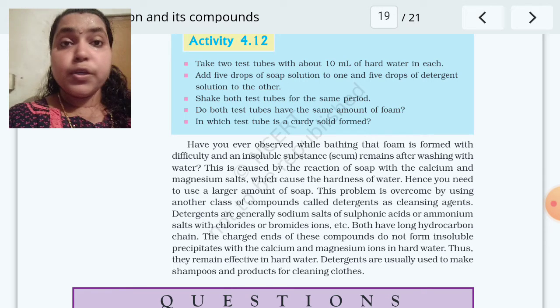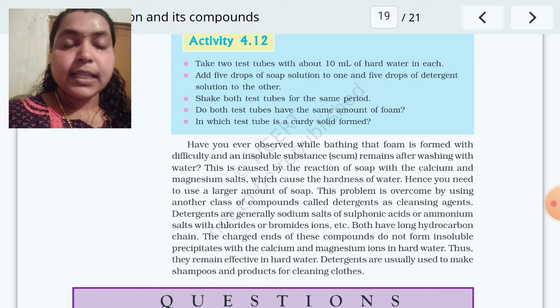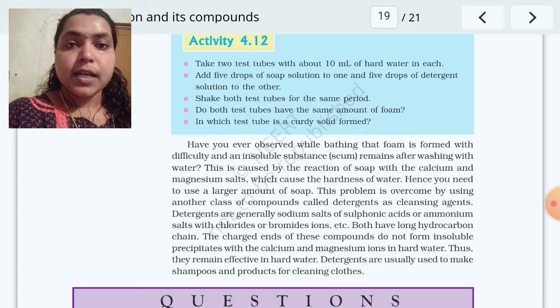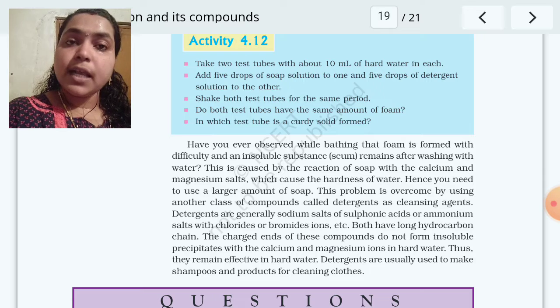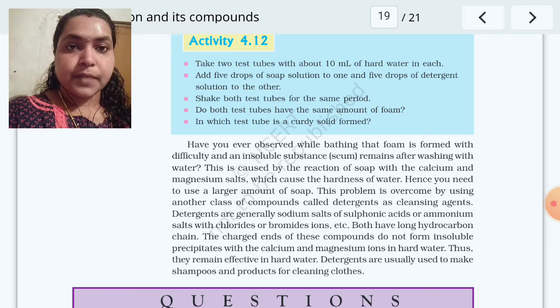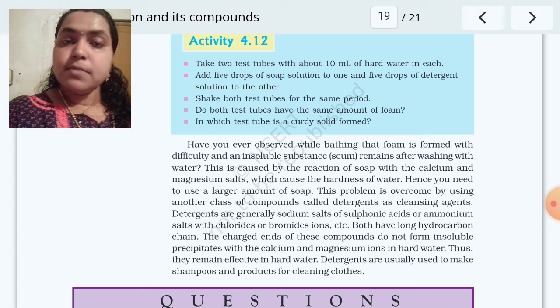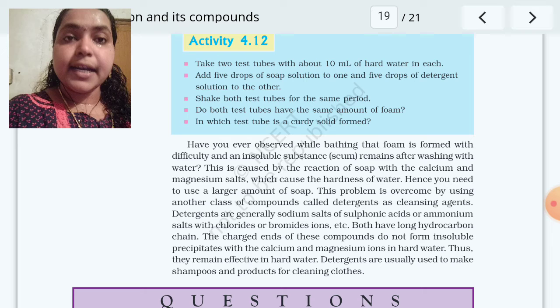We cannot use soap in hard water. There are two types of water, soft water and hard water. Hard water contains magnesium or calcium salts, and because of that this water is hard in nature.